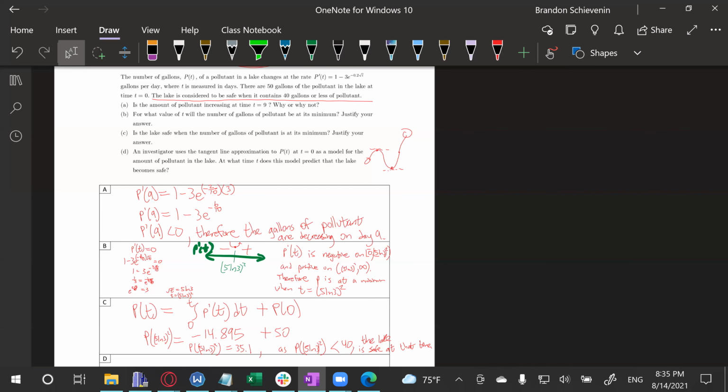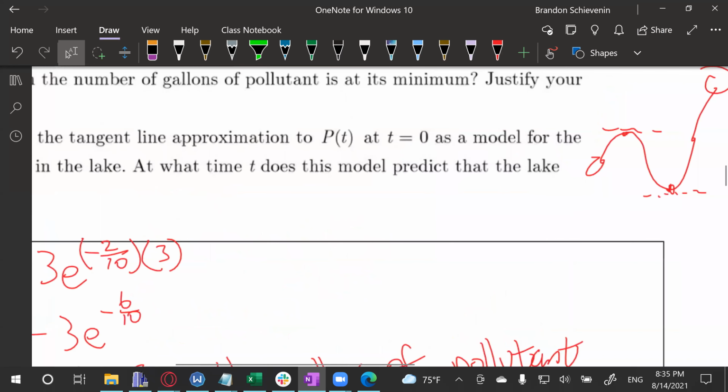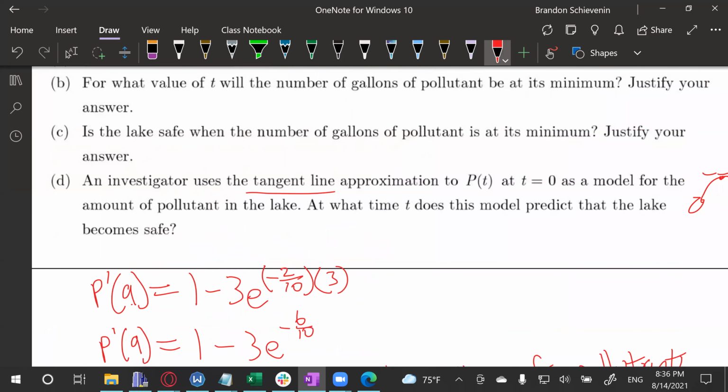Okay, so what that looks like is this. A tangent line is the line that touches our actual function at one point. Because we know what P prime is, we can get our slope of the line.